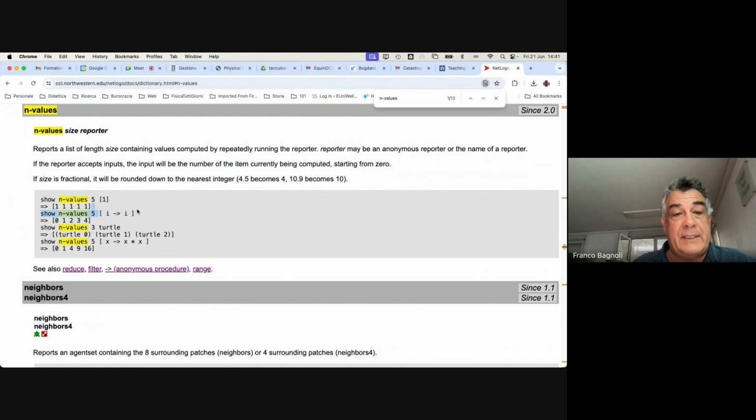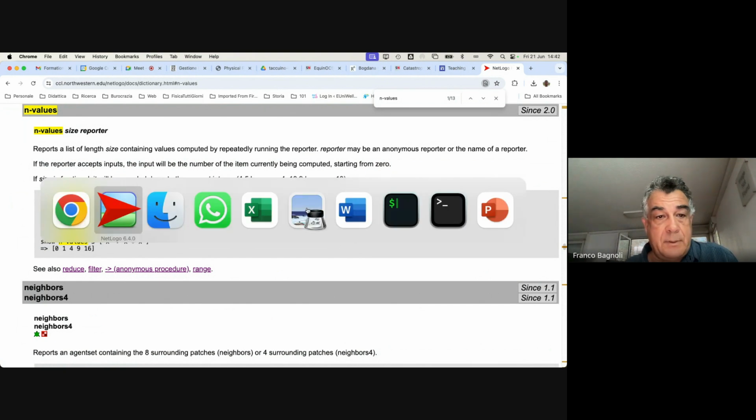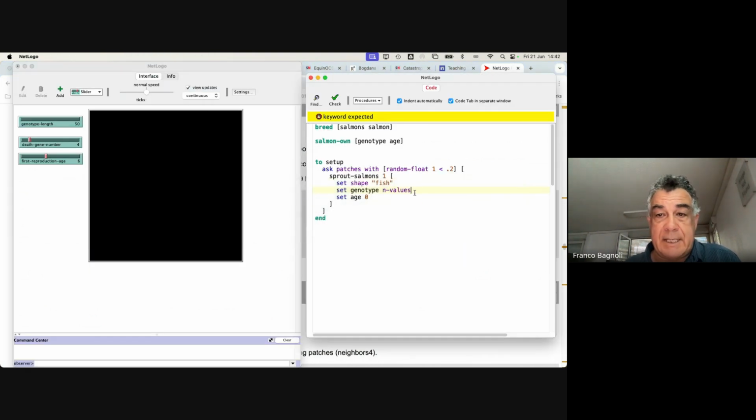If you give the identity reporter, it gives 0, 1, 2, 3, 4. Or if you put here a random something, you can generate a random string. So this is n-values genotype-length, of what?